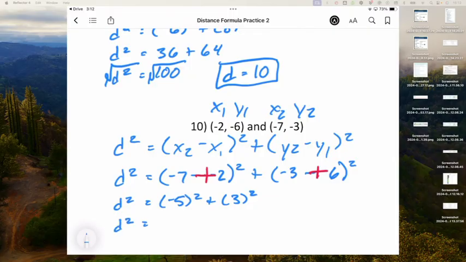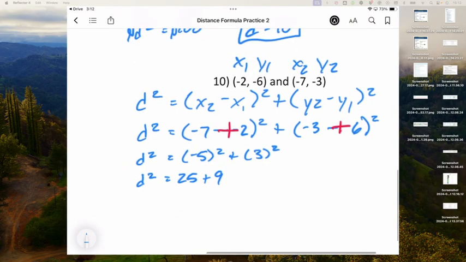D squared is equal to 25 plus 9. D squared is equal to 34. Square root both sides. Square root of 34 is 5.83.